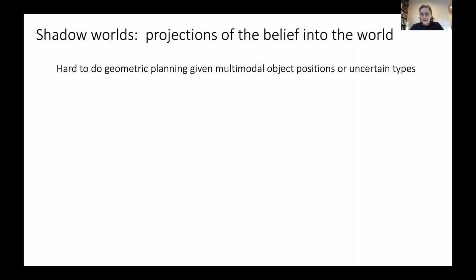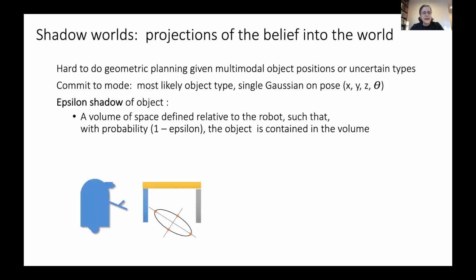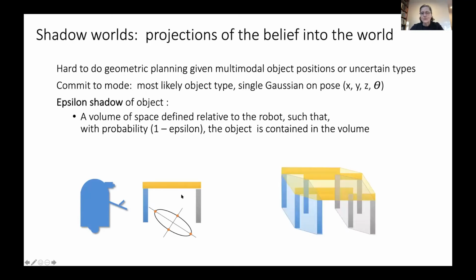In geometry now, this becomes more complicated because we have uncertainty about the positions of objects or the position of the robot. And we have to think about how we can do geometric style planning in problems where we have uncertainty. And we do it using this notion of a shadow of an object. So imagine that the robot has some covariance representing its uncertainty about its position with respect to this table.